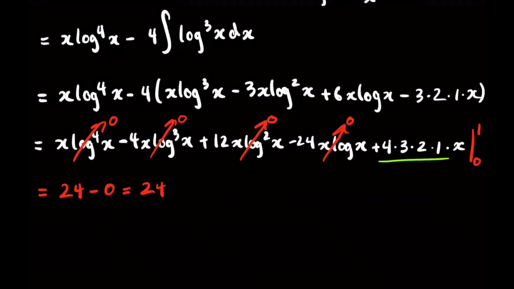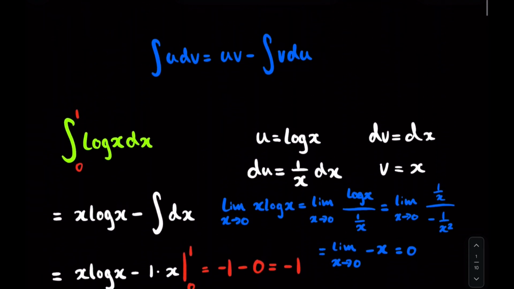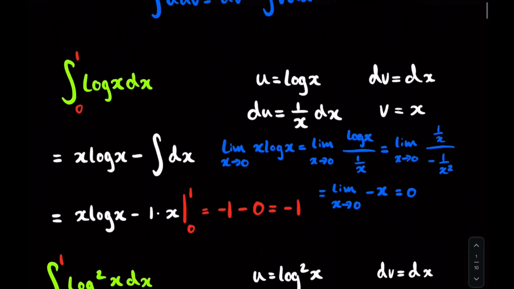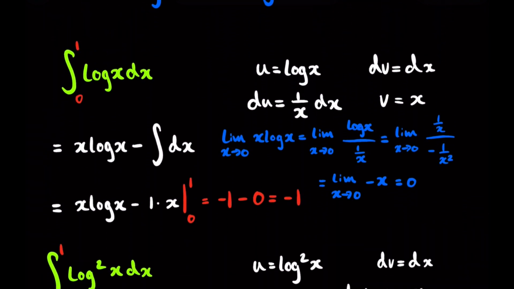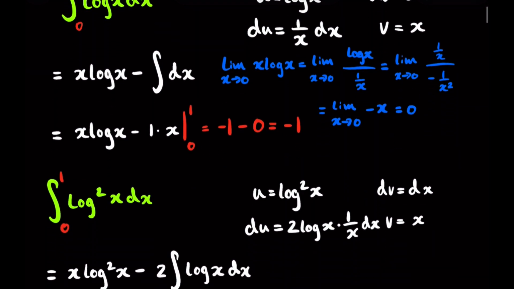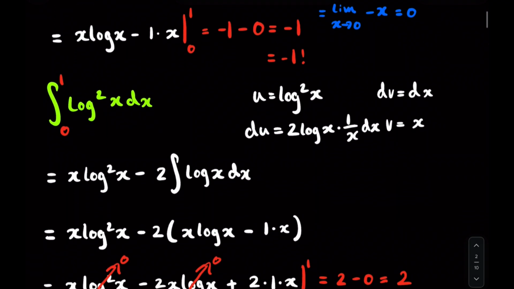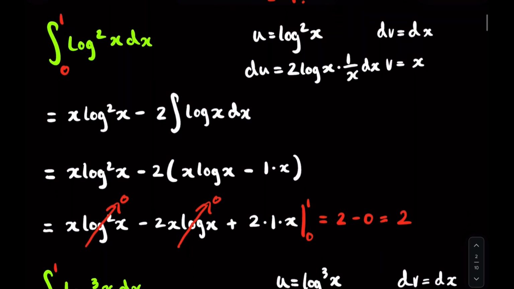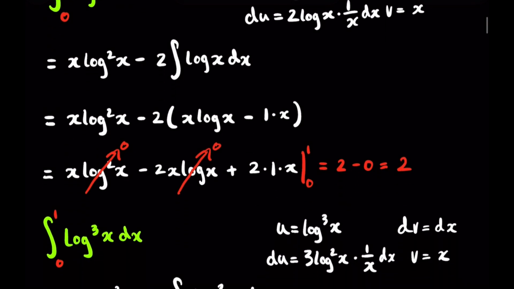So, taking a look at our results thus far, we see that the integral of log x from 0 to 1 is negative 1, or, in other words, negative 1 factorial. We see that our integral from 0 to 1 of log squared of x is 2, or 2 factorial.